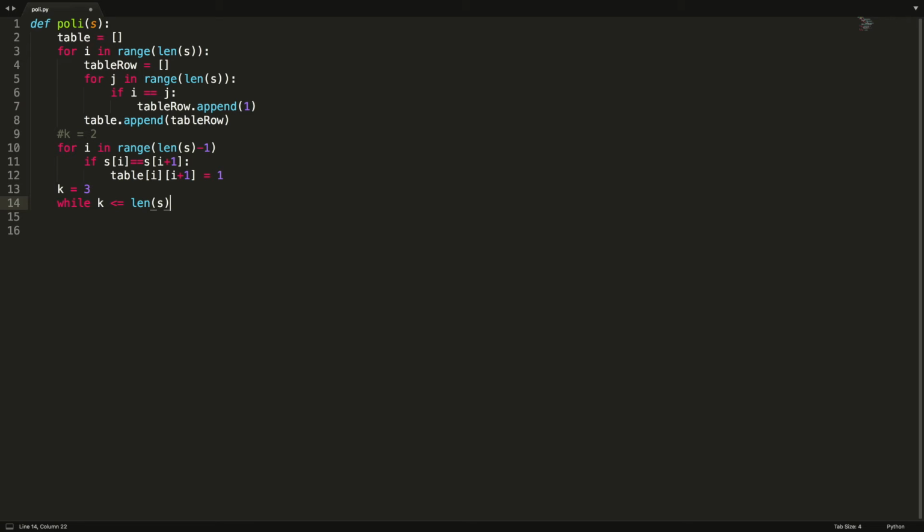That means k can be the length of s, because the string itself can be a substring of it.